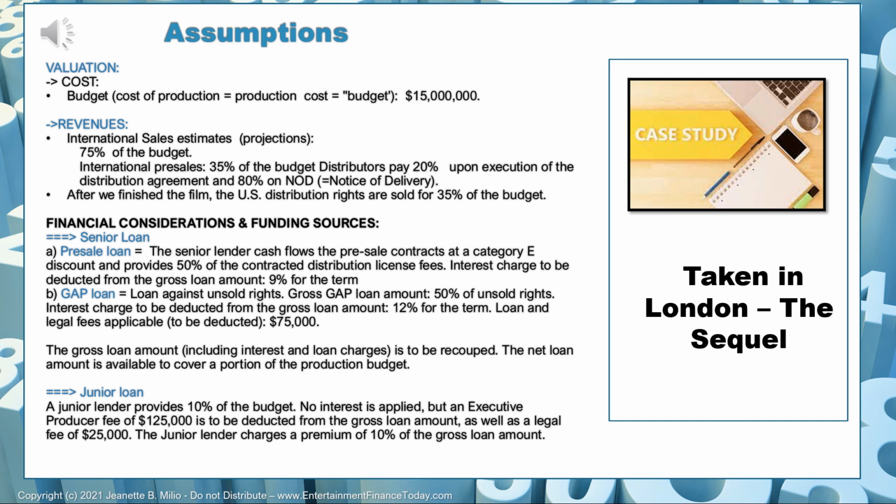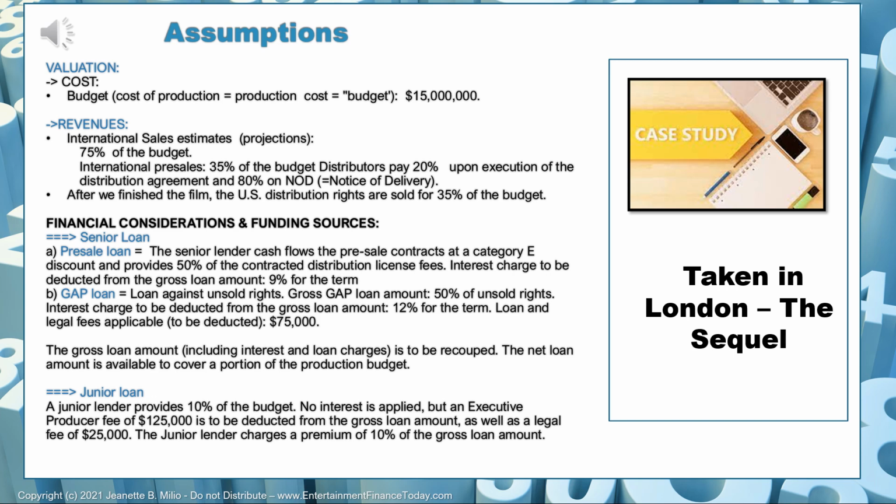And when we take our pre-sales, which are the distribution deals completed and arranged by the sales agent before our film is produced, these agreements are distribution contracts we can take to our bank and receive a pre-sale loan, cash flowing those contracts. So you have a distribution agreement signed by a distributor.